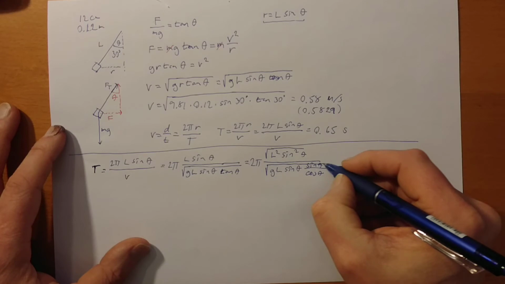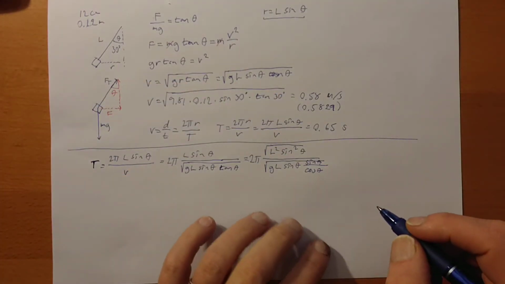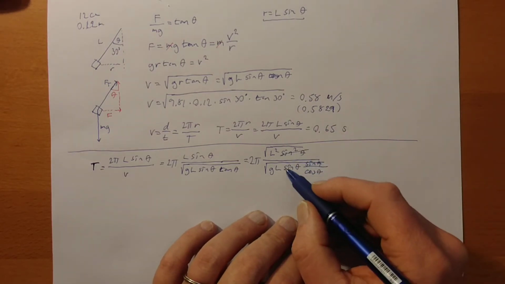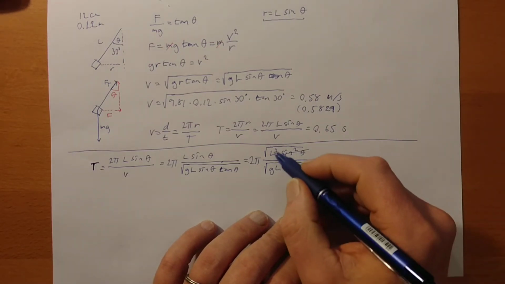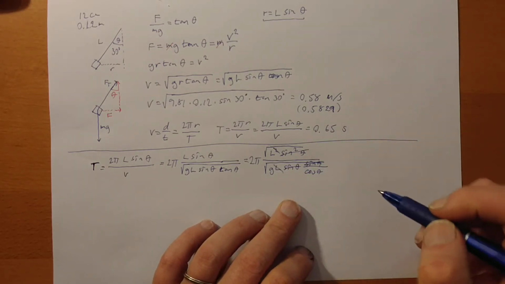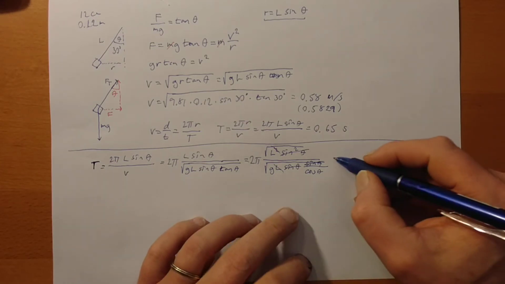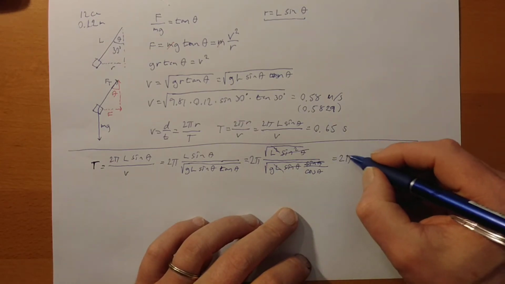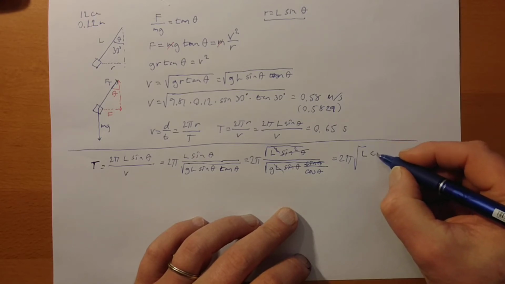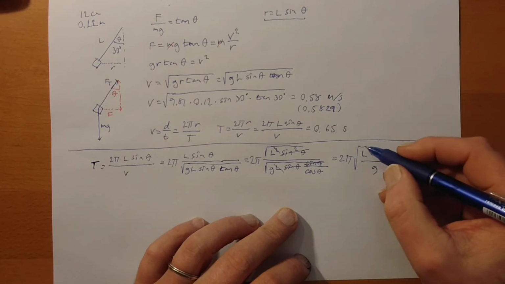Then we can combine these two square roots and do a bunch of simplifications. The sine squared theta will cancel against these two, and we get one of the L's disappearing there, and then we multiply both the numerator and denominator by cos of theta, and we end up with 2 pi square root of L cos theta over g.